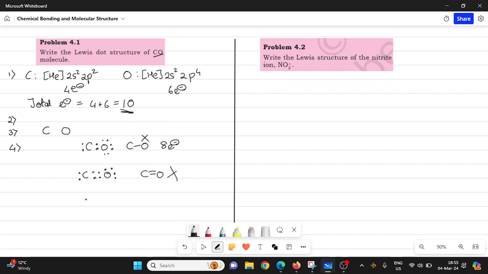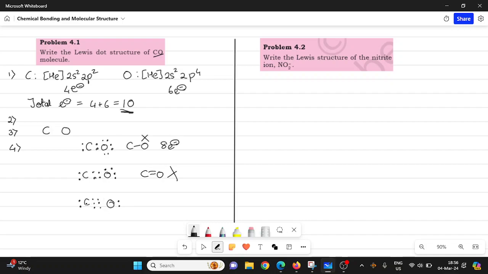The third thing we're going to do is try a triple bond. So let's write that, which means there'll be 6 electrons shared. And then you have the oxygen, 6, 7, 8, 9, 10. The reason I did that was because if you added 2 more electrons, it would be more than 8 electrons for oxygen's octet.